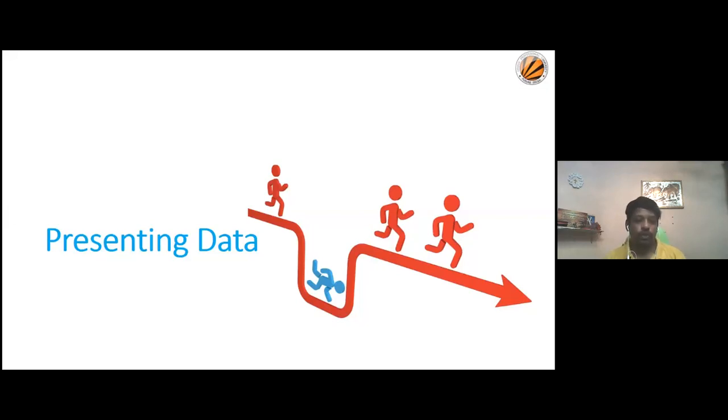You should choose according to your data type and your study design. Keep this in mind.